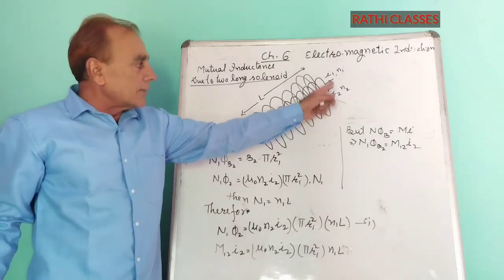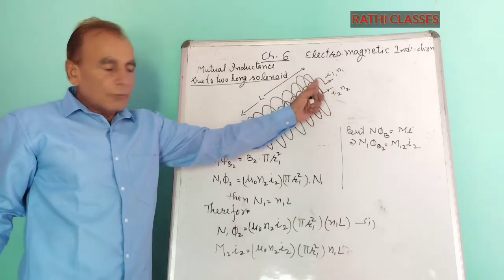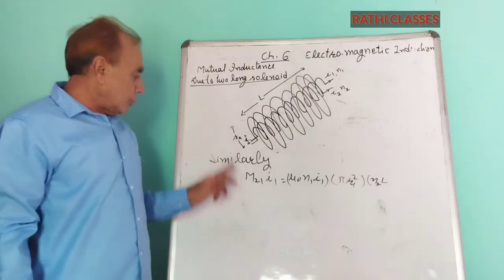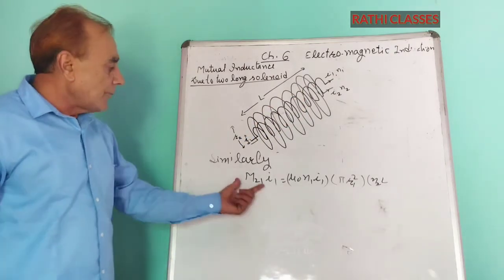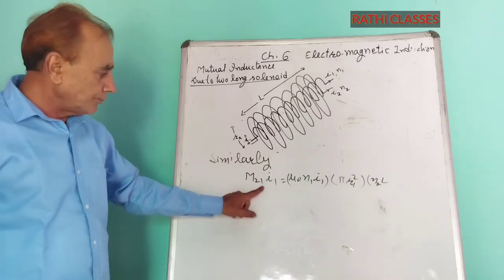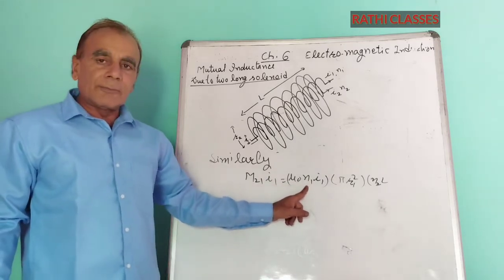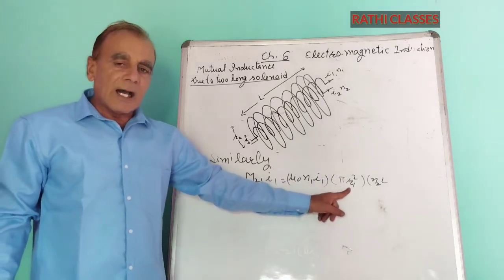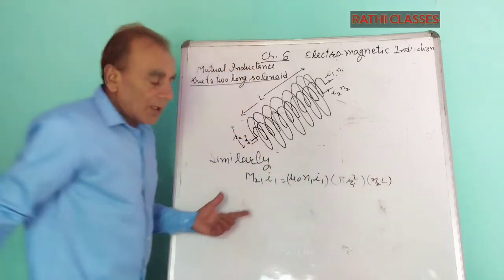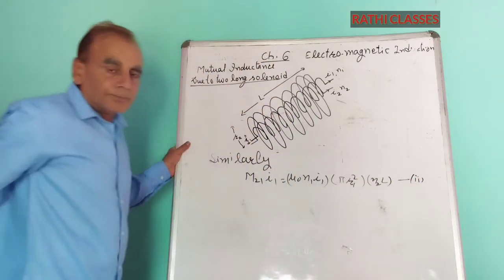Now we flow current inside solenoid C1, which is placed inside C2. Now similarly, we can prove that M21 I1 is equal to mu naught n1 I1 pi R1 square n2 L. Then it is equation second.